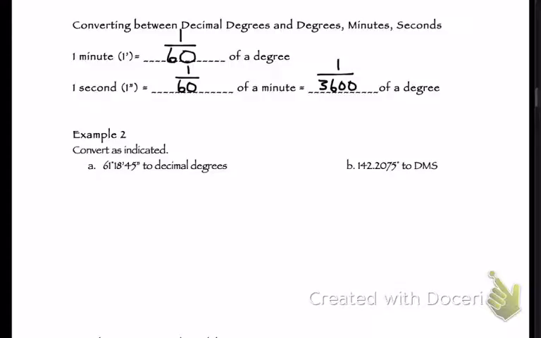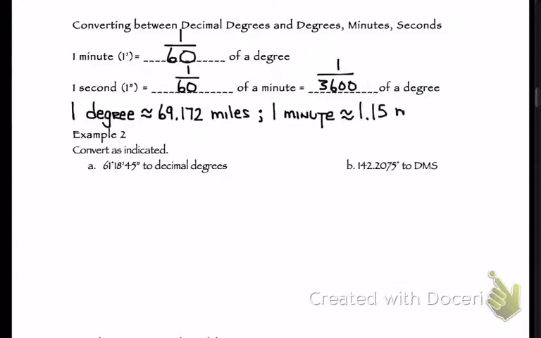And this might sound like a little bit of gibberish to you, so what I decided to do was show you, take a look at this. Just so you understand how focused it can get, 1 degree is approximately 69.172 miles.